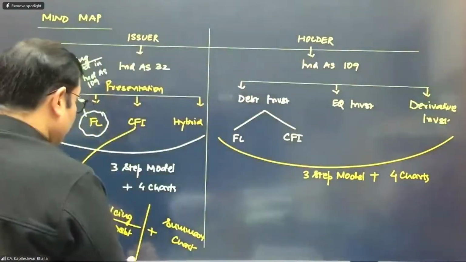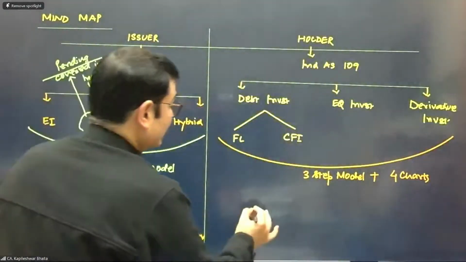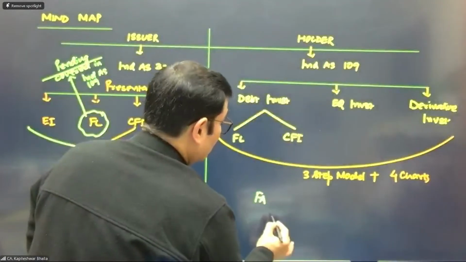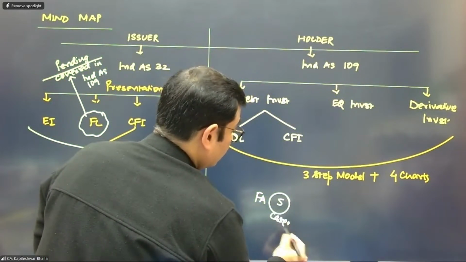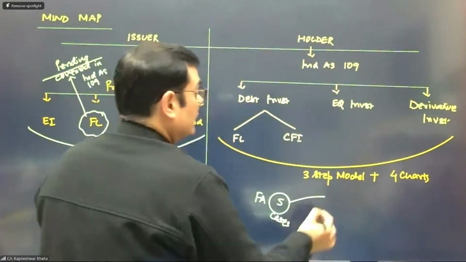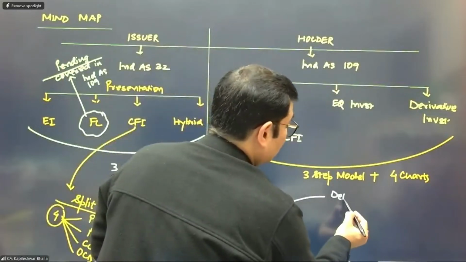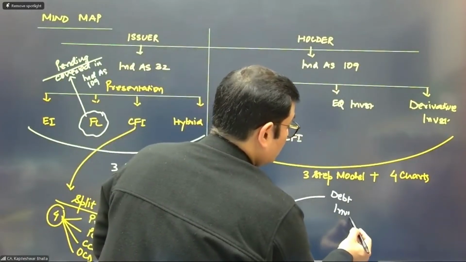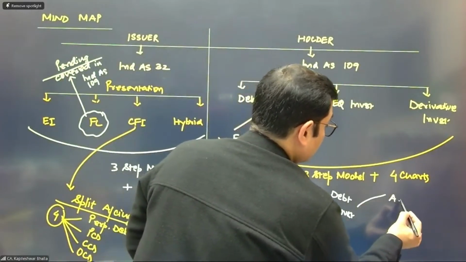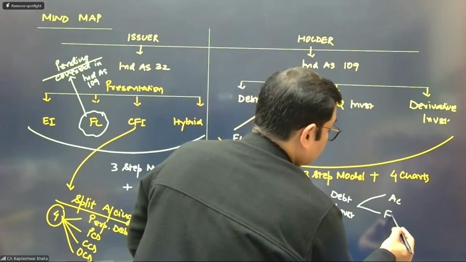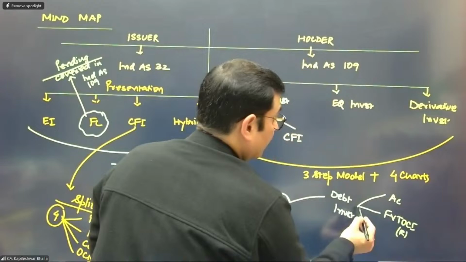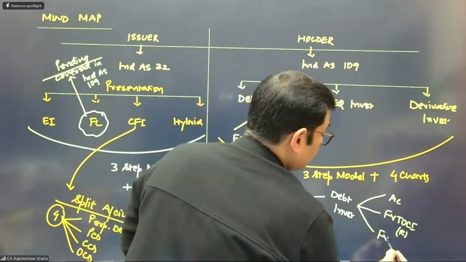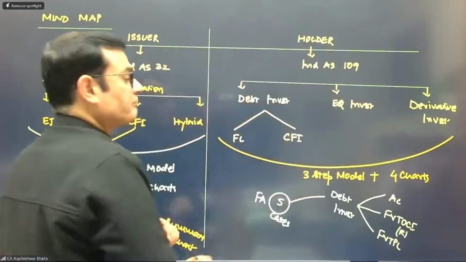We covered the case of debt investments accounted at amortized cost, accounted at FVTOCI, which is always an R, and the concept of FVTPL.